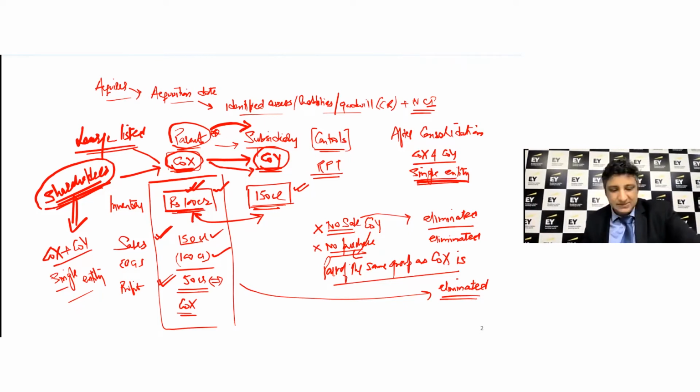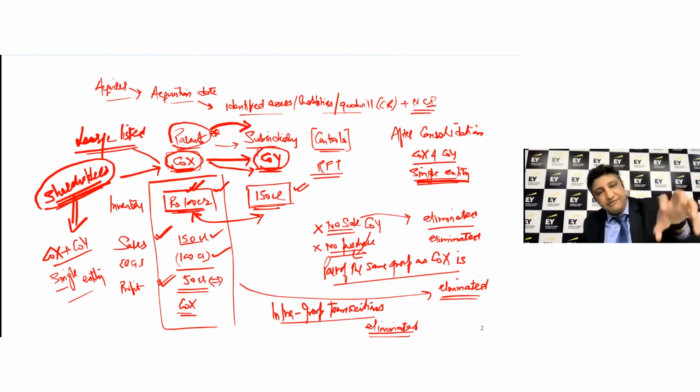So when you become a single entity, you cannot sell to yourself or do a transaction with yourself, and all such intra-group transactions will get eliminated. Okay, all such intra-group transactions will get eliminated, and that is where the word consolidation comes into the picture.